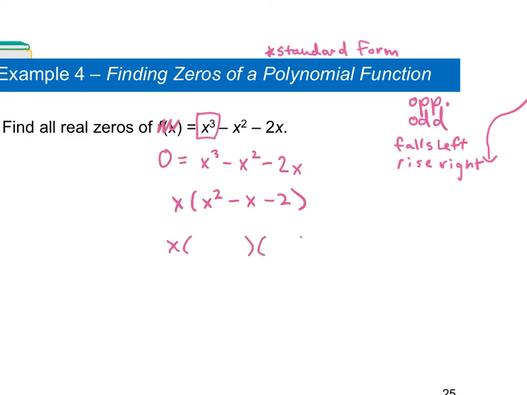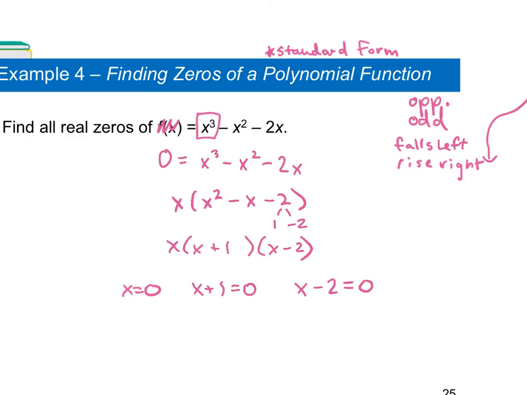So we just keep that x on the outside. What are two factors of negative 2 that add up to give us negative 1? Negative 2 and 1. Perfect. So we have x plus 1 and x minus 2. And then we just set all three parts equal to 0. So we have x is equal to 0, don't have to do anything there. x plus 1 is equal to 0, and x minus 2 is equal to 0.